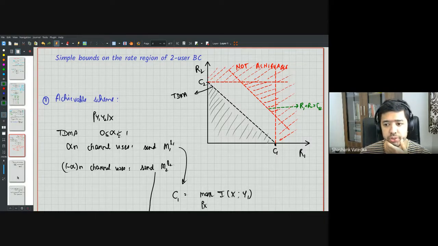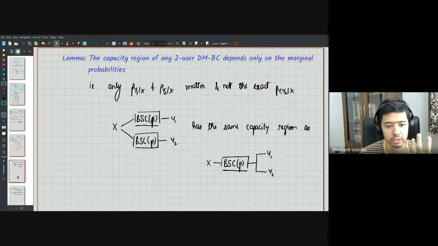So before we actually try to analyze a particular two-user broadcast channel, we will make some observations about general broadcast channels. One key observation is that the capacity region will actually not depend on the correlation between y1 and y2. All that matters is just p of y1 given x and p of y2 given x.